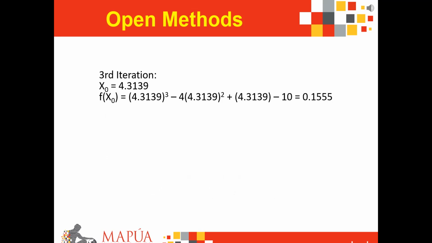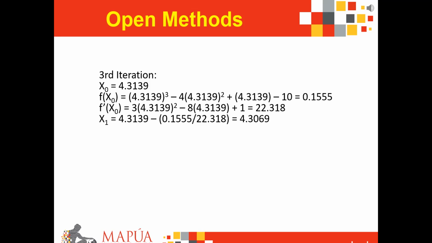Substituting that to your function gives us this solution with a value of 0.1555. Substituting that to your first derivative gives us this solution with a value of 22.318. Thus giving us an x1 solution now equal to this with a value of 4.3069.